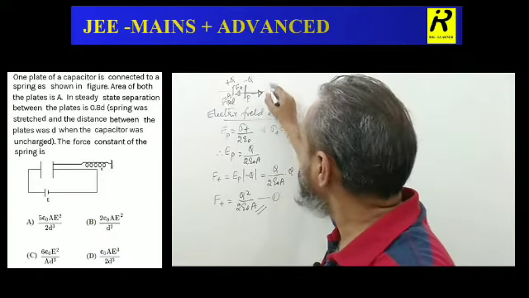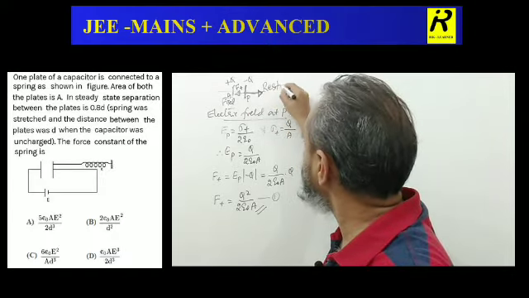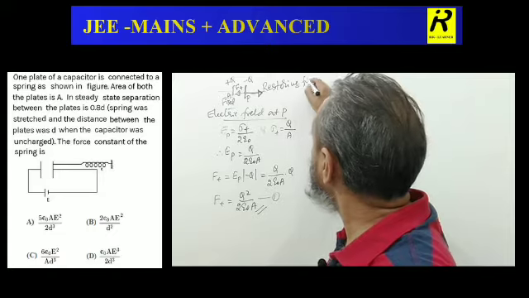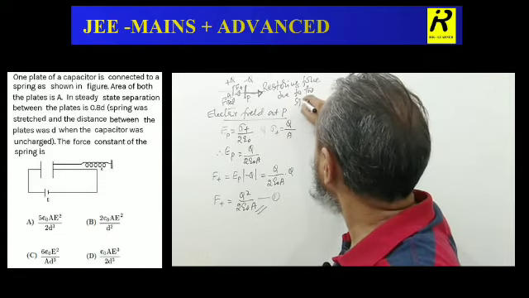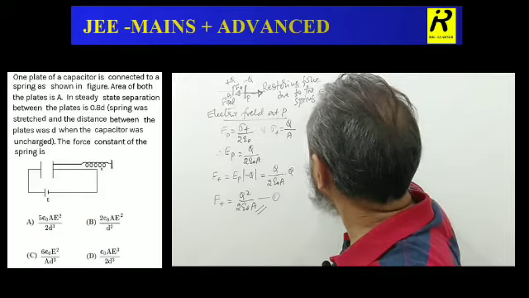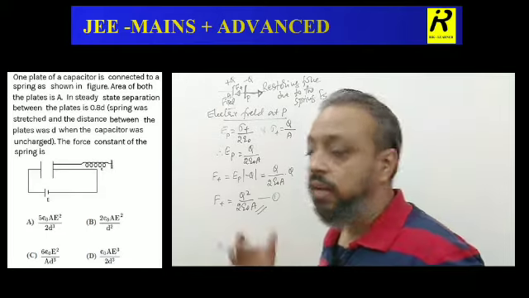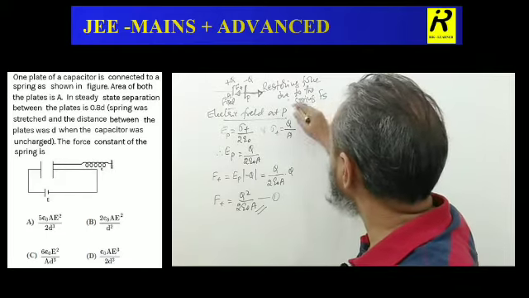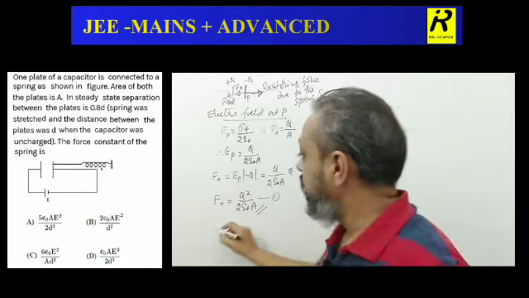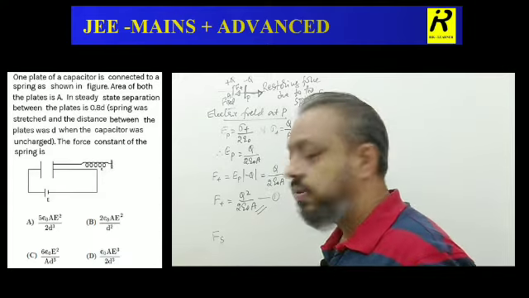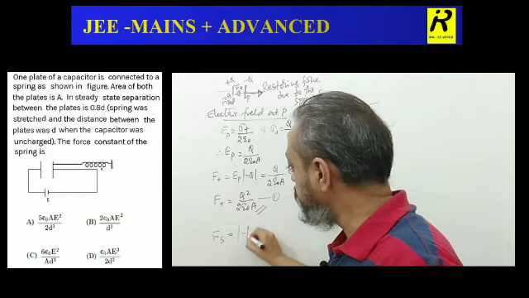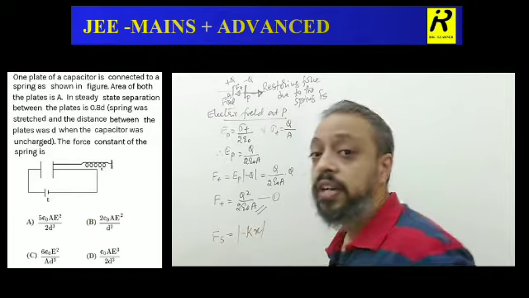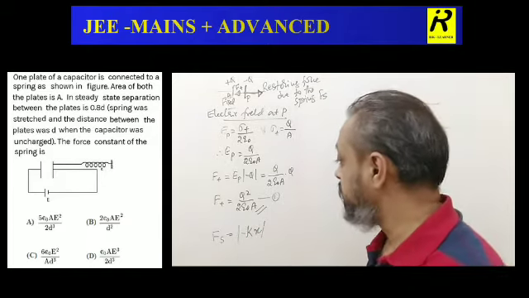This is the restoring force due to the spring, and I am calling it Fs. For any spring force, we write the magnitude as kx, if I need only the magnitude.